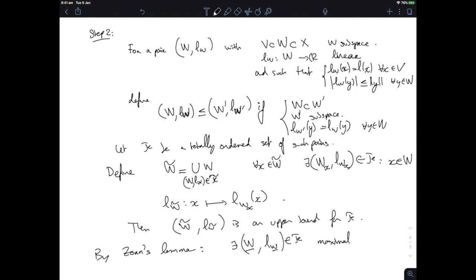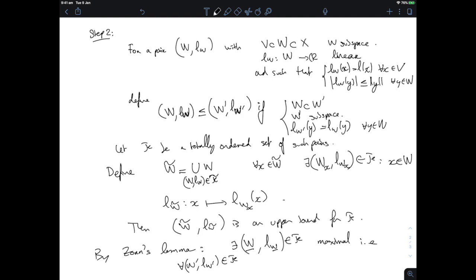And what does that mean? That means that if I give myself any W prime and LW prime in F, they're going to have to be smaller than W bar, LW bar.